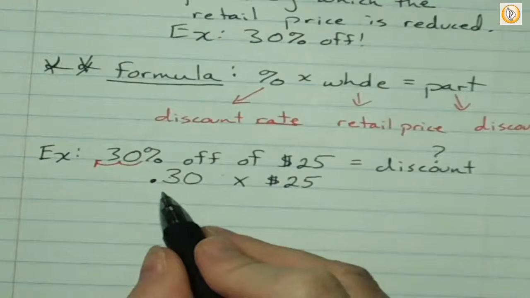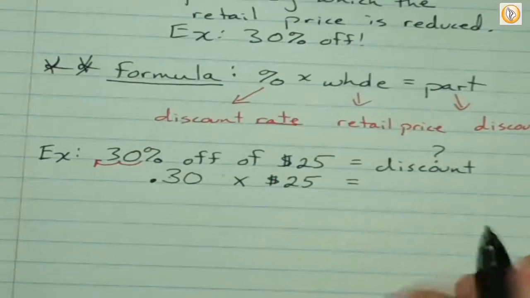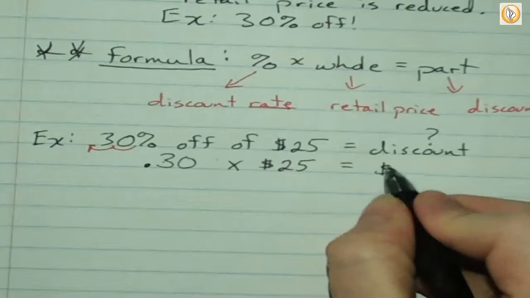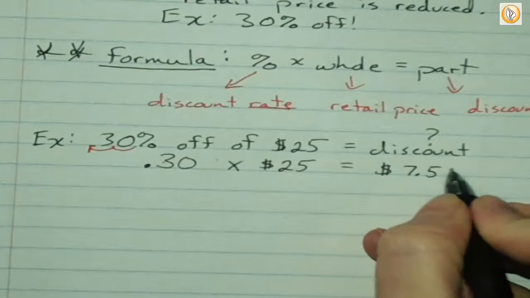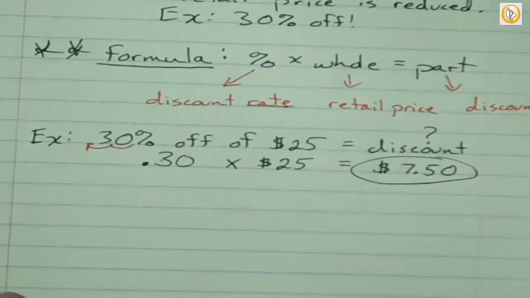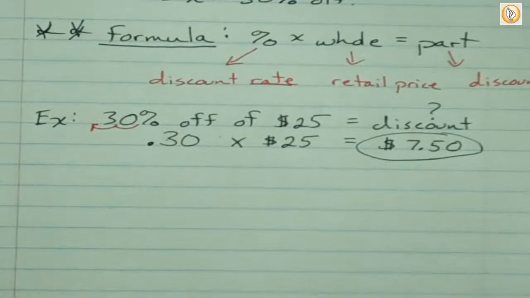So 0.30 times $25 is, and I'm just going to tell y'all for the sake of time, $7.50. That's how you figure out the discount.